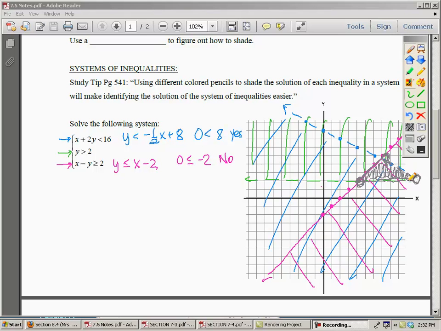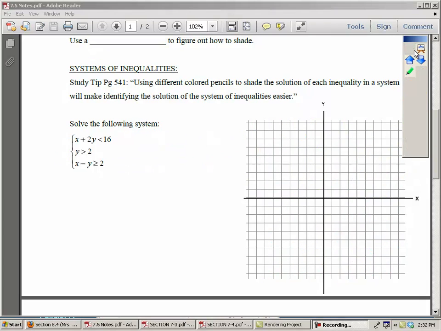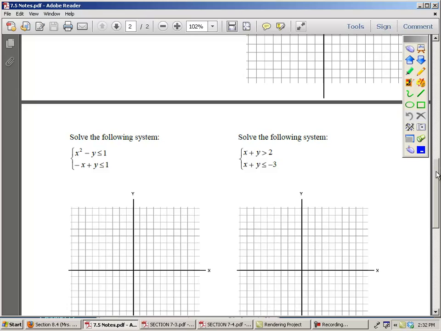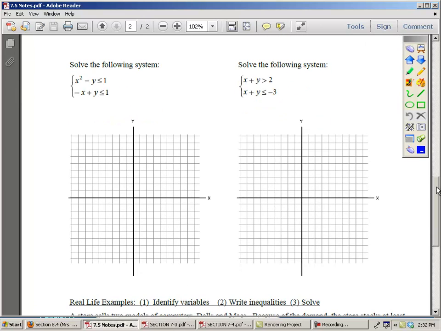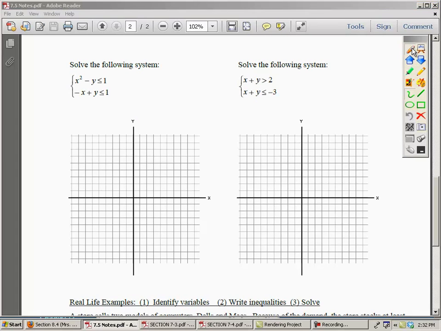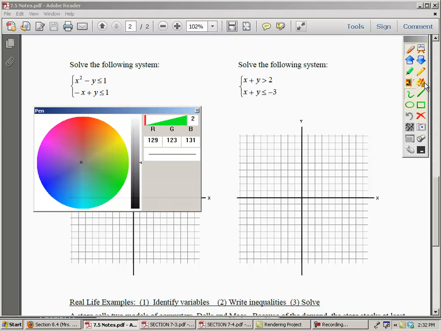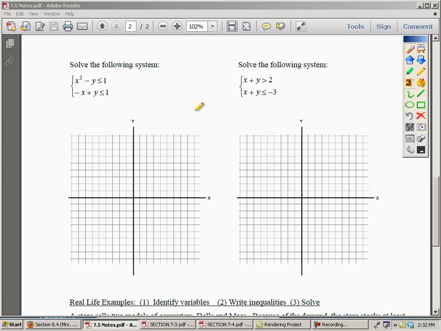Let's flip the page and let's figure out a couple more of these. Let me get a better color. Let's go orange this time. My first equation, I want to solve this.